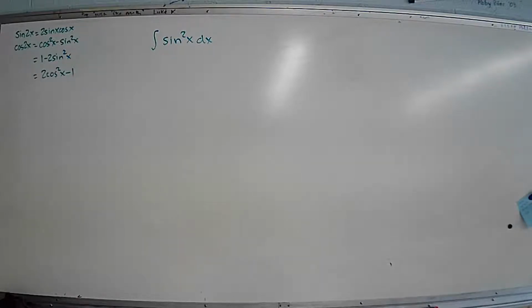Up in the left corner of the board, you see those 4 things written down there. Those are known as the double angle identities from pre-calc. Sine of 2x, or sine of 2 theta, is 2 sine theta cosine theta. Does that ring a bell? You've definitely seen it.